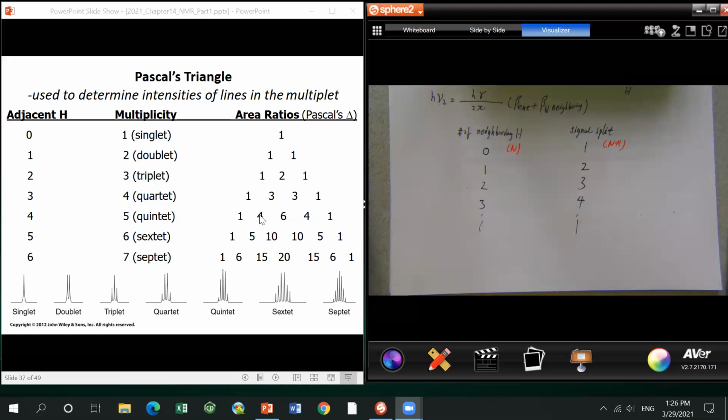For example, for the quartet, the two shoulder numbers 1 and 0 add together to get 1, and then 3, because 1 plus 2 gets 3. For the next row, 4 plus 6 gives 10, and 1 plus 4 gives 5. Just add the two shoulder numbers together and you get the ratios. So that's easy to understand.